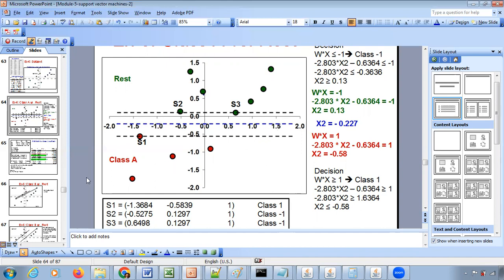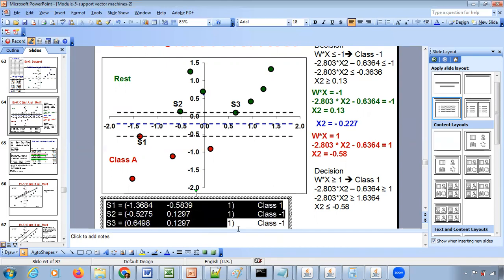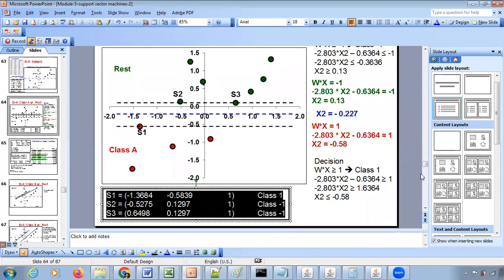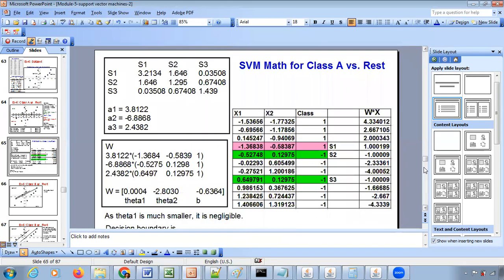That's good enough to proceed. If you join the 2 support vectors and extend that line, you basically have a decision boundary. Now, use S1 from the red class, which is class 1, and S2, S3 from the -1 class, and then go to the SVM math.